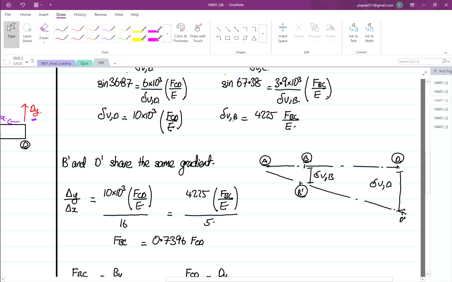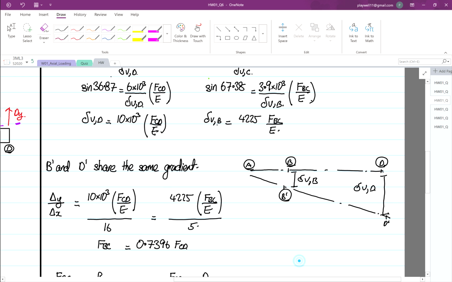So you have this expression over here. At point D, the distance over here is 5, the distance over here is 11, so they share the same gradient of 16. So this is your X and this is your Y. This is delta V B, and this over here is delta V at D.